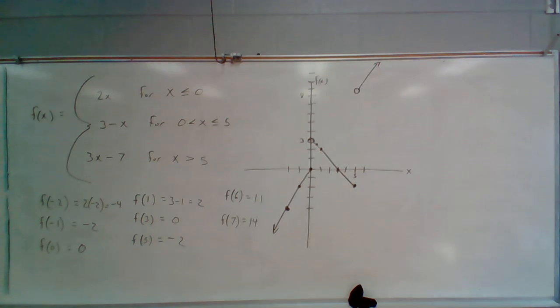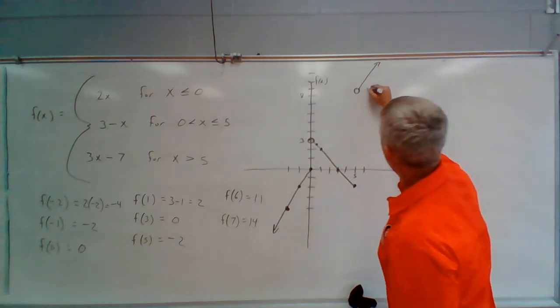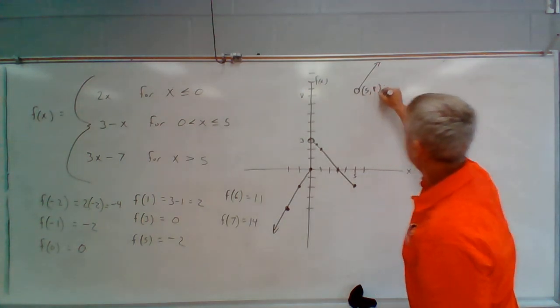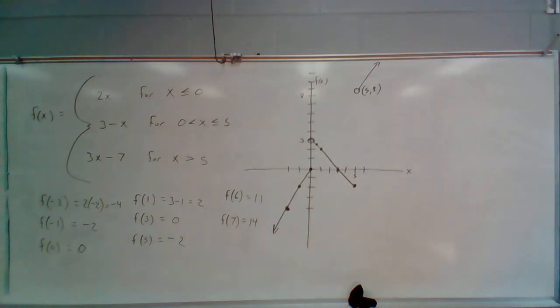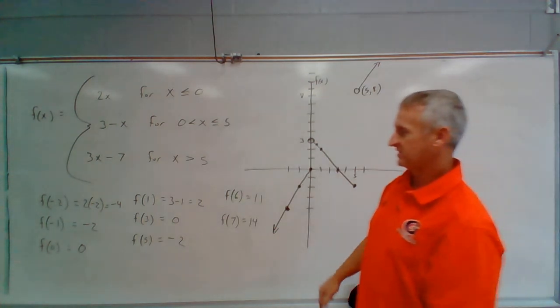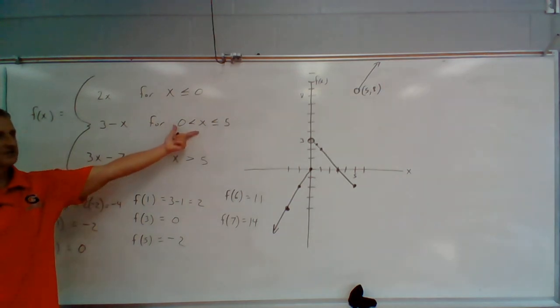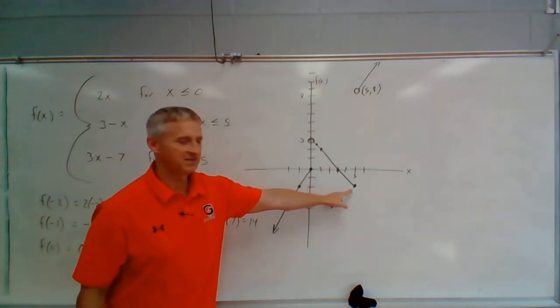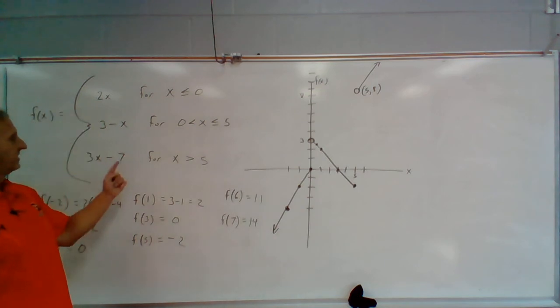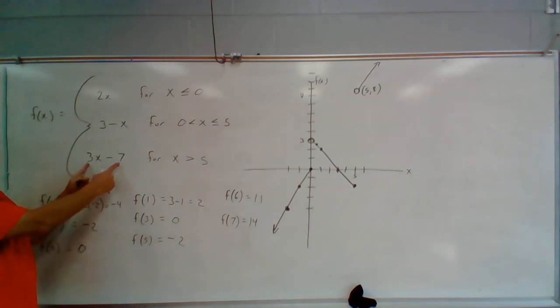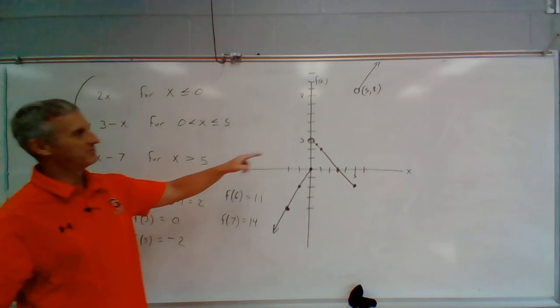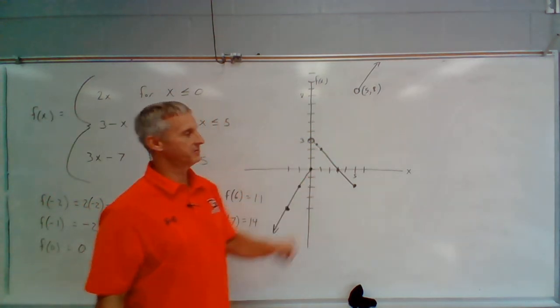So it should look like that. So this point is at 5, 8. But it's an open circle because I'm really not allowed to plug 5 into this equation. When I plug in 5, I have to use the middle equation, and I get a negative 2. But if I did plug 5 in here, I would get 8. So I'm going to use an open circle there.